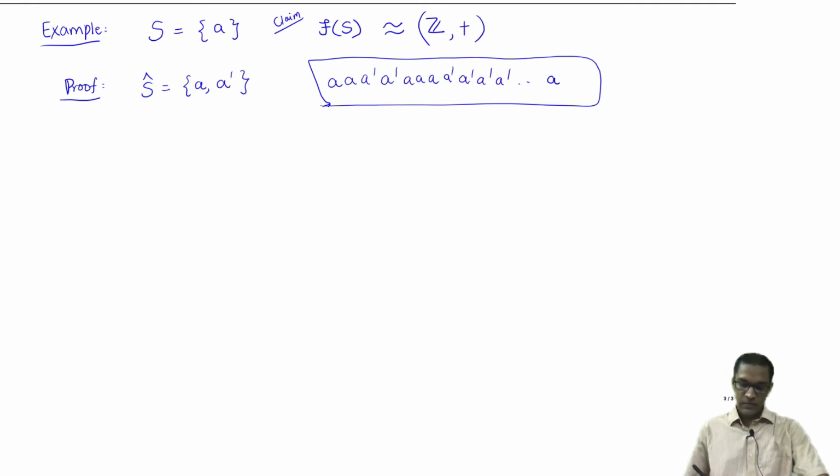We however need to show that the free group is actually isomorphic, I claim, to just the ordinary group of integers. Intuitively it's clear why, because whenever you see a string like this of A's and A primes, every time you see an A and an A prime together, for example this A and A prime, the basic rewriting rule says you can erase it, so this goes away.